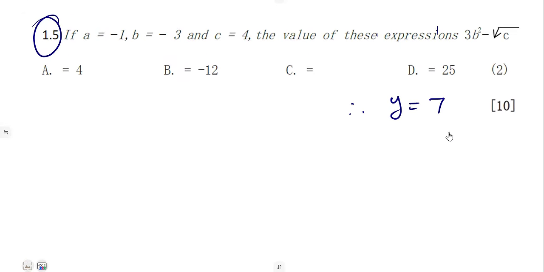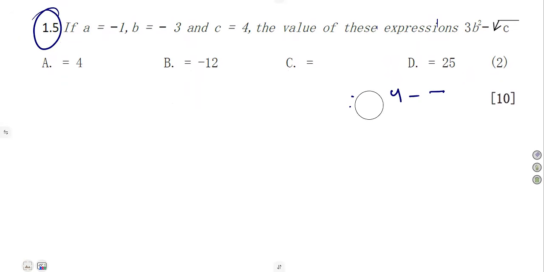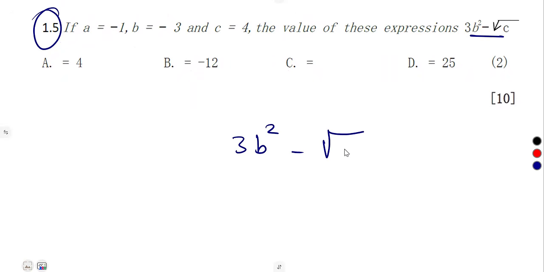1.5, we are given this statement, and from that statement, if a is equal to -1, b is -3, and c is 4, find the value of this expression: 3b squared minus the square root of c. There is only b and c from that statement, no problem.